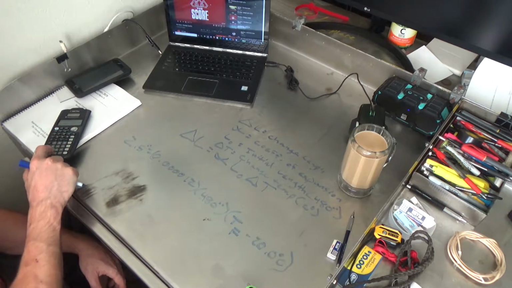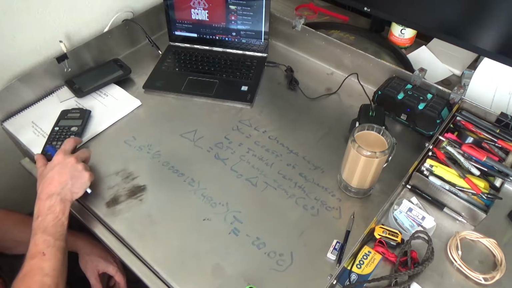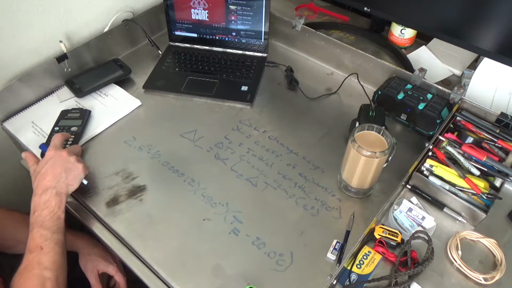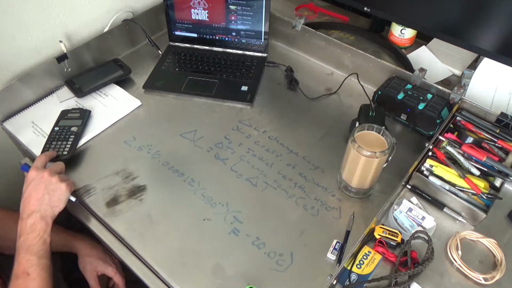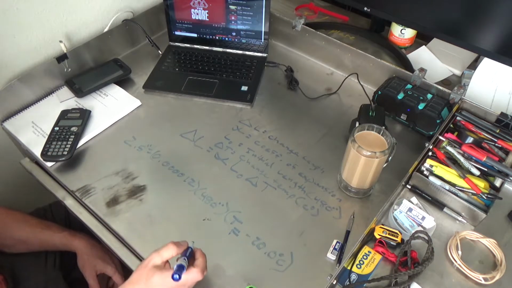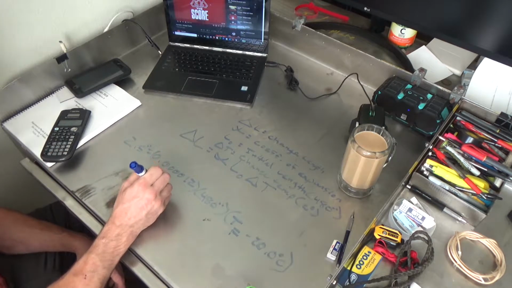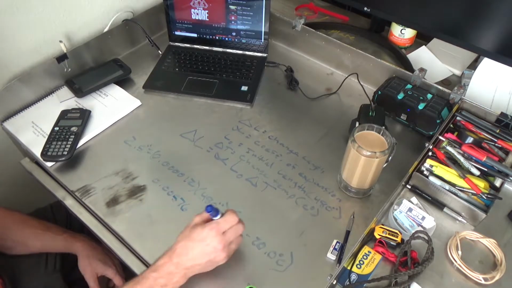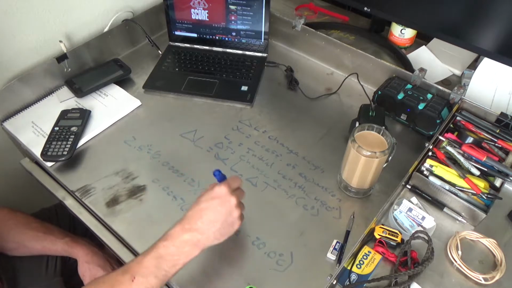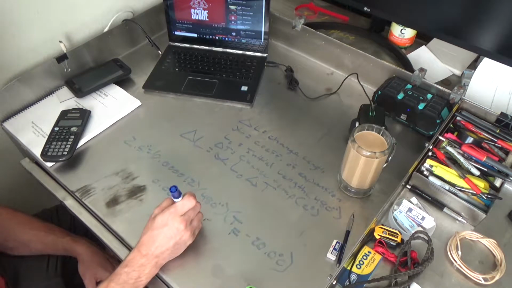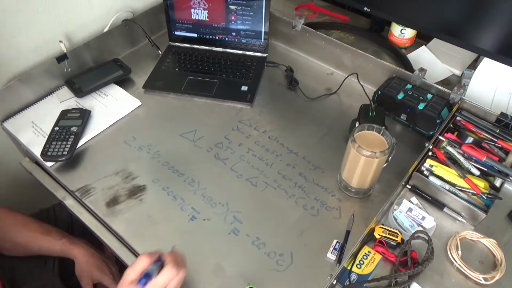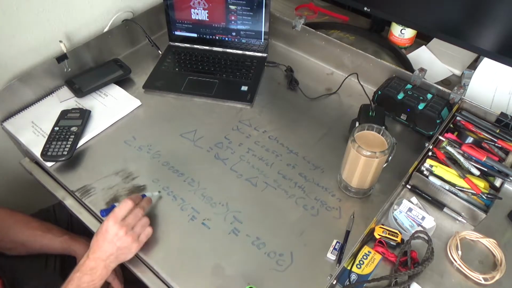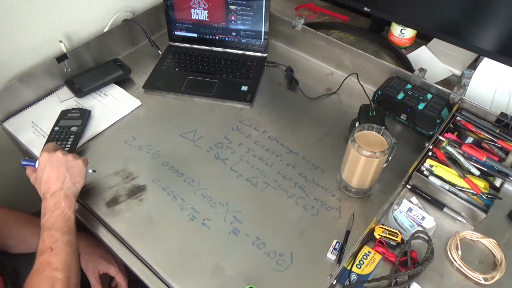So what we do is we first take our coefficient times our inches, and that gives us 0.00576, and then we distribute that, this times this, so we get T final minus this number times this.